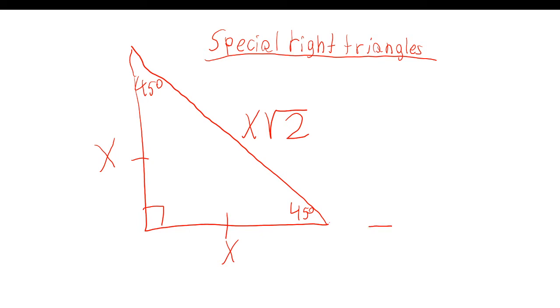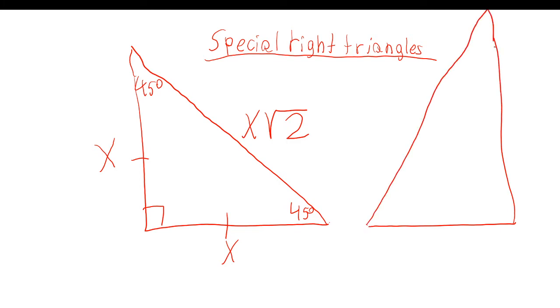Similarly, another special right triangle would be a 30-60-90 triangle. This is not the best triangle I've drawn, but it works. This is also one of the most special triangles in geometry.